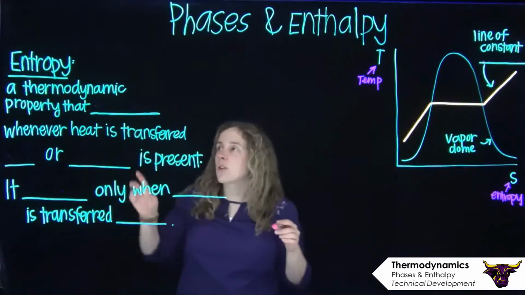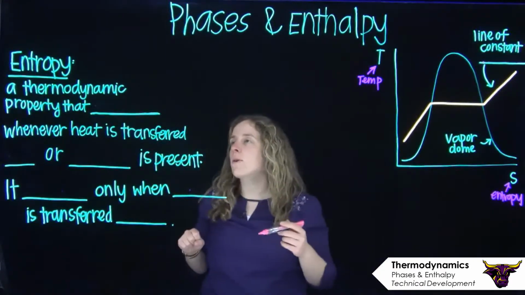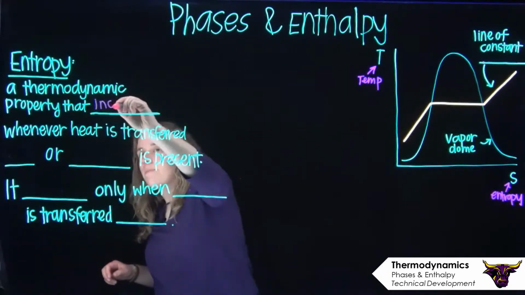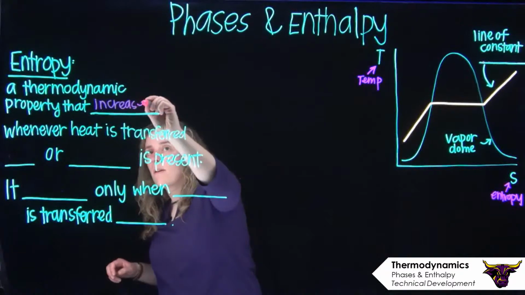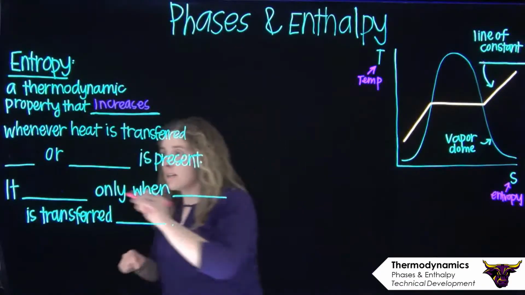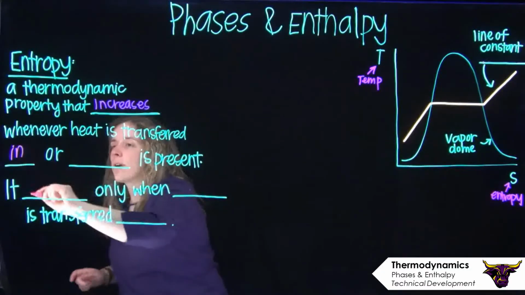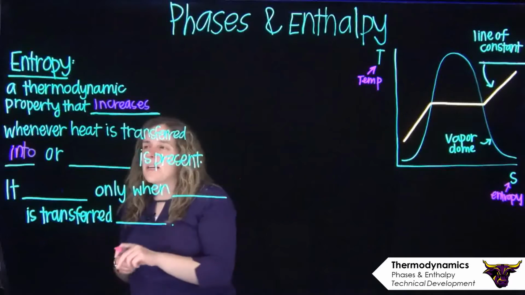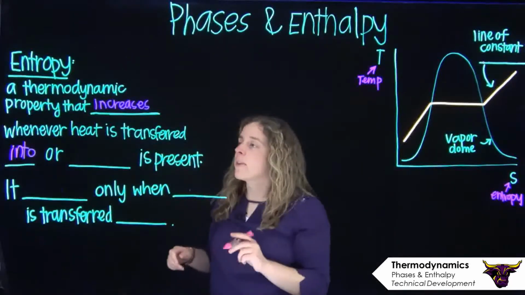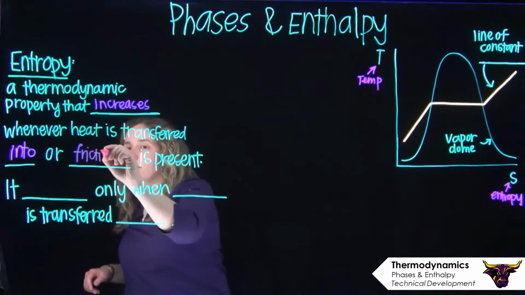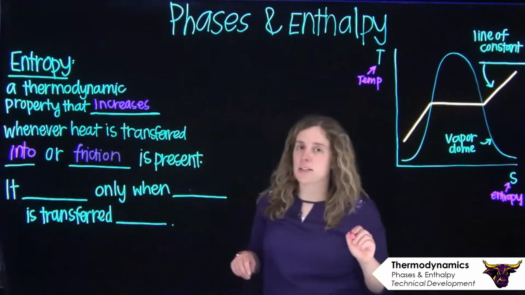So entropy is simply a thermodynamic property that increases whenever heat is transferred in, or friction is present.